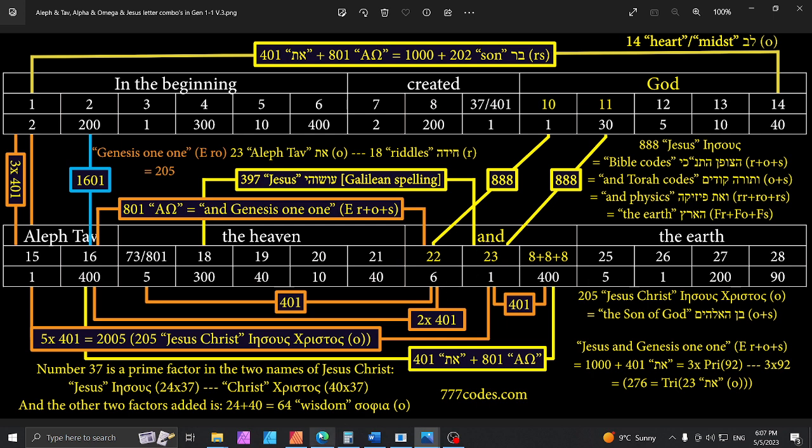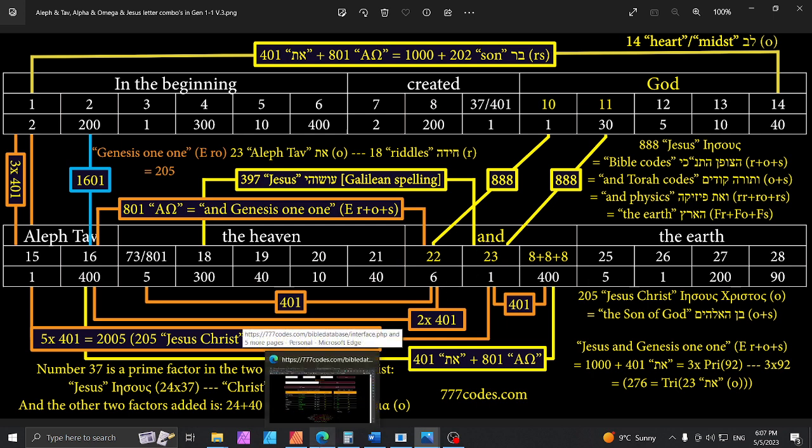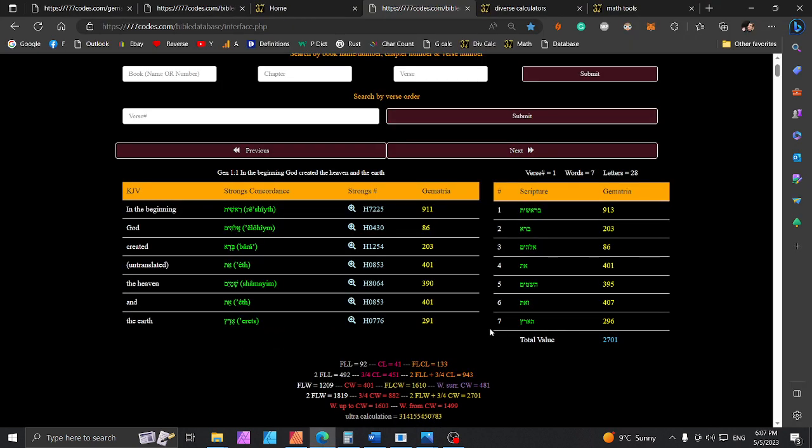So to continue further, we have to go back to the words of the first verse instead of the letters. If you look at the 7 words of this verse, you see the center word is what we call the Aleph and Tav.